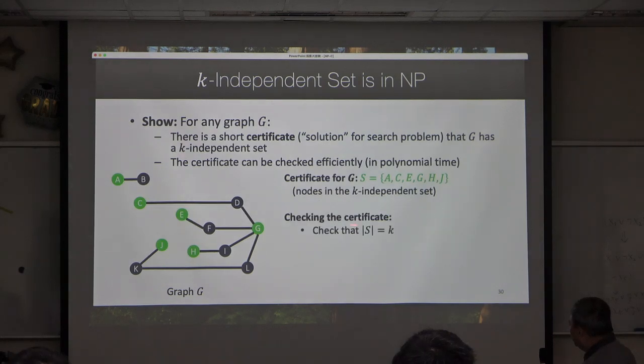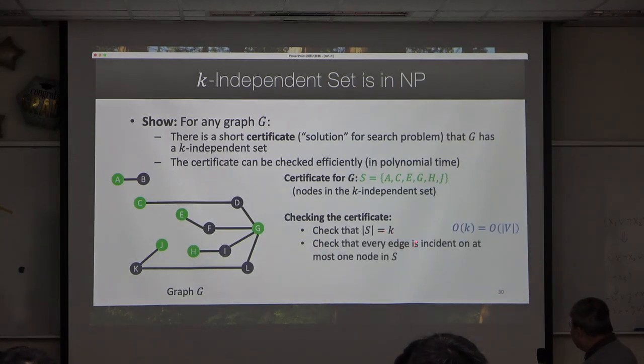First, you check the size of S, because it's a K independent set, so this subset has to be of size K. Second, check that every edge is incident on at least one node in S. This takes a number of edges to check, so the total time to check this independent set is big O of V plus E, which is polynomial time.